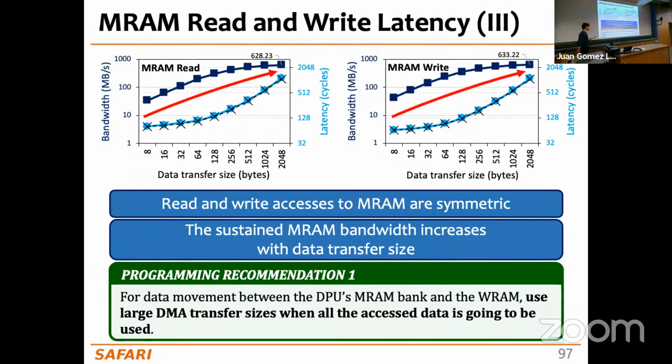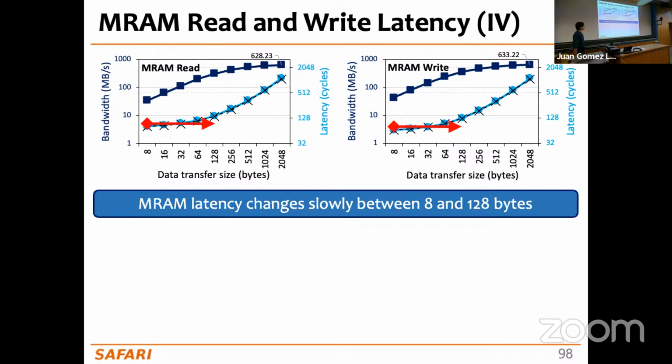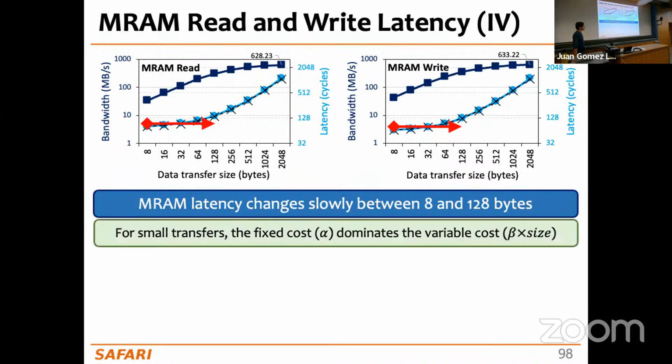So in principle, a programming recommendation is to use as large transfers as we can, because this way we maximize the bandwidth, and in the end, bandwidth is the key strength of a processing-in-memory architecture, right? In the end, we place processors near the memory because we want to exploit higher bandwidth and lower latency than the CPU, right?